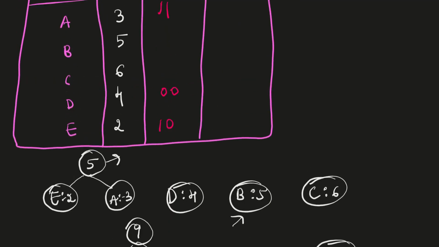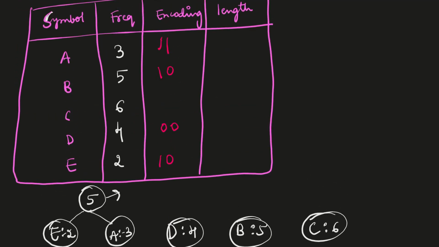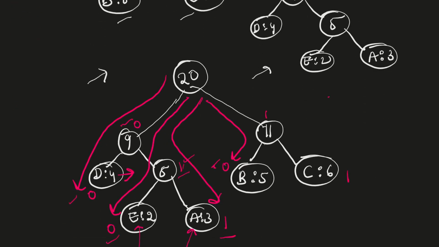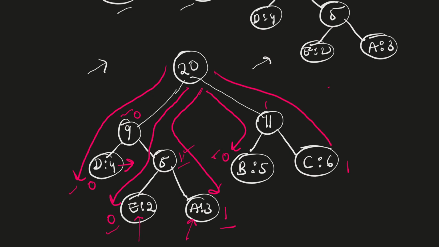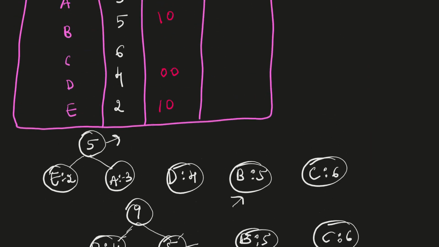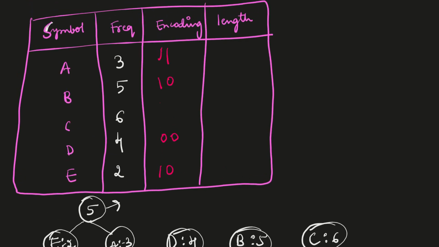So 1 and 0 for B. Now the last way to travel is this. You'll have 1 and 1. So this is for C. So C is having 1 and 1.